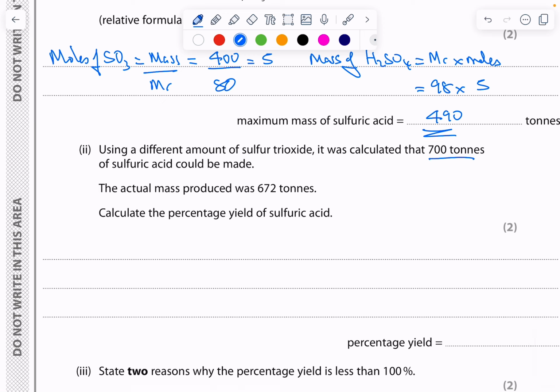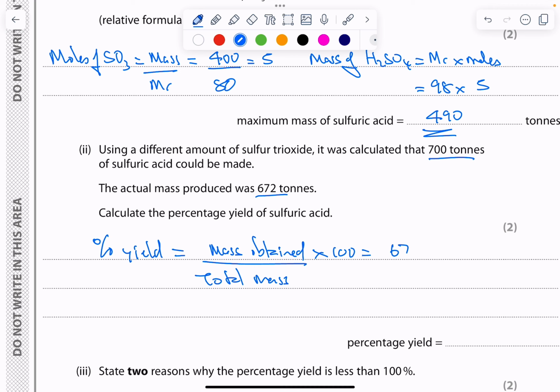Using a different amount, it was calculated 700 tons of acid could be made. The actual was this, calculate percentage yield. So percentage yield, we have an equation to work this out. Percentage yield is the mass that you got divided by the total mass you could have got, and then you multiply it by 100.